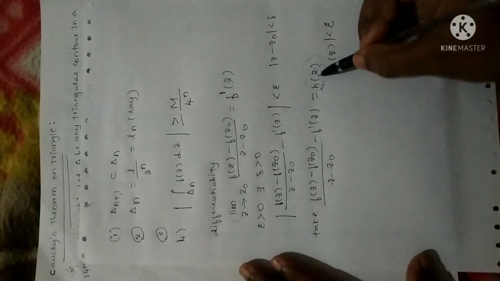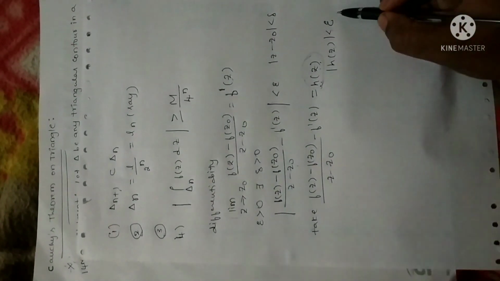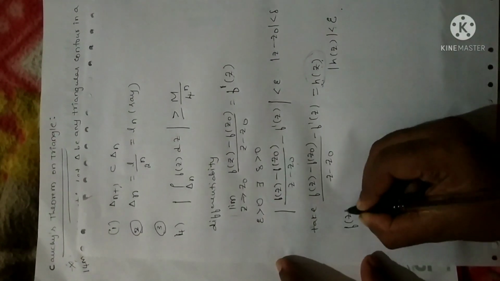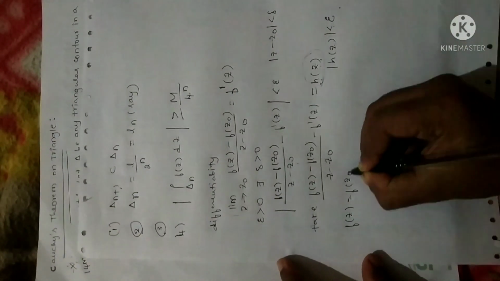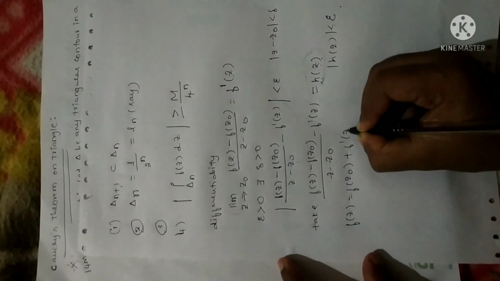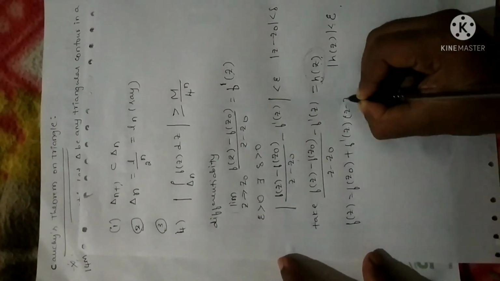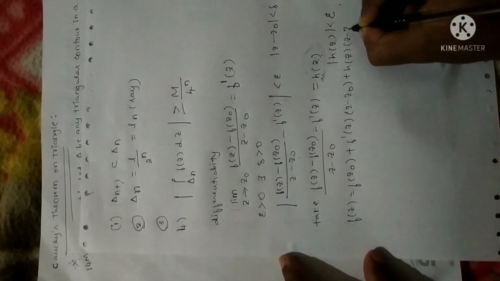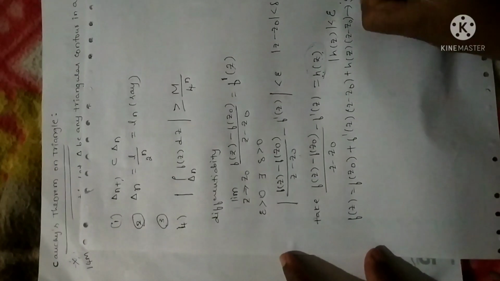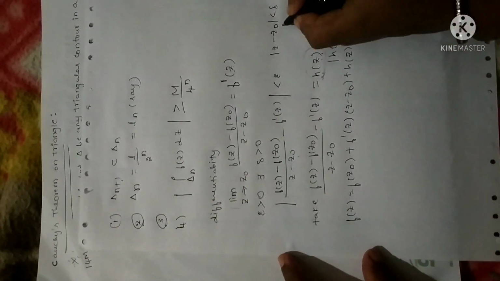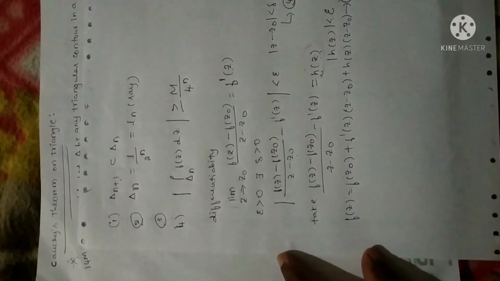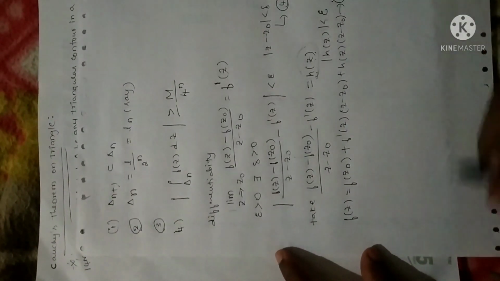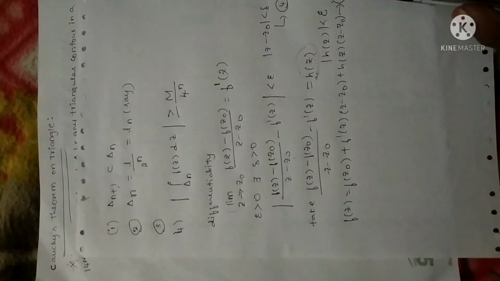Moreover, this function is very small, less than epsilon. Now in such a way f of z can be expressed as f of z naught plus f dash of z naught into z minus z naught plus h of z into z minus z naught, for mod of z minus z naught less than delta. Let me take this as equation 5.